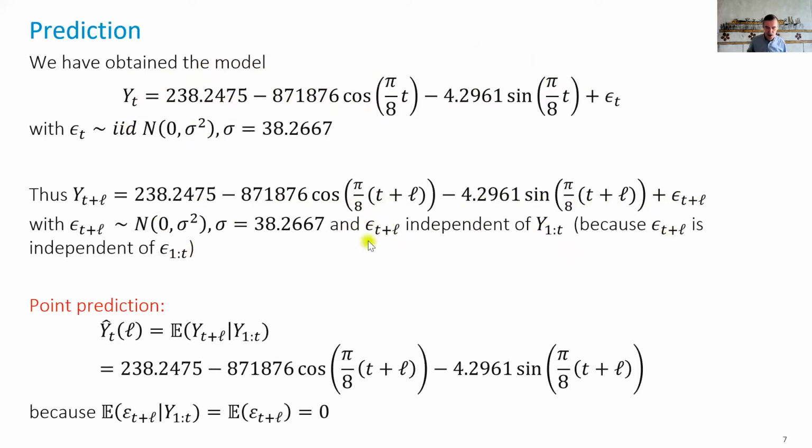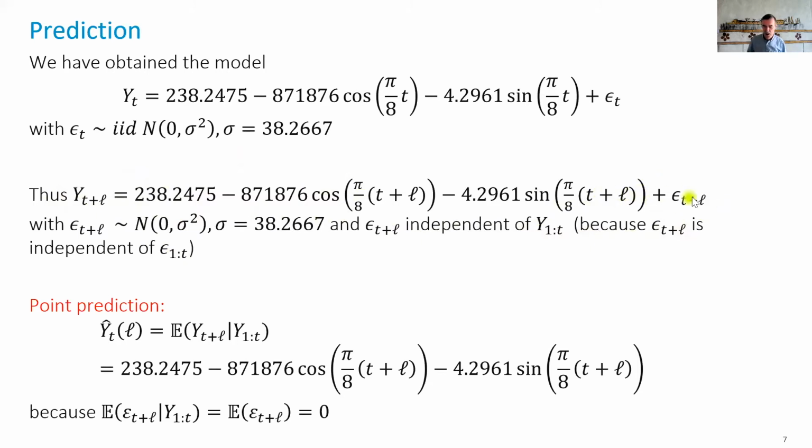So epsilon is independent of these epsilons, therefore it's also independent of these y, because these y's are a function of these epsilons. Why do I say that? Well, because I need to compute conditional distributions. The conditional distribution of yt plus L, which is this quantity, is given by the conditional distribution of all that stuff, but that stuff has non-random terms, so they don't play a role.